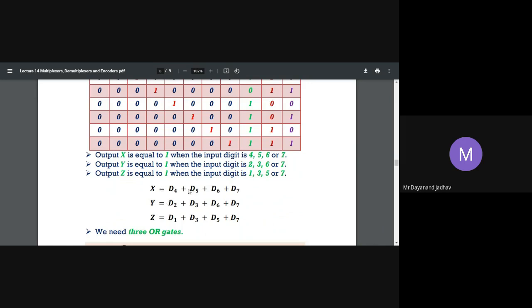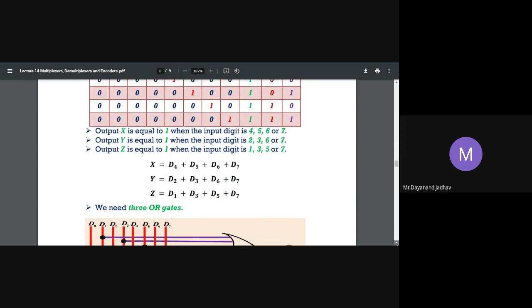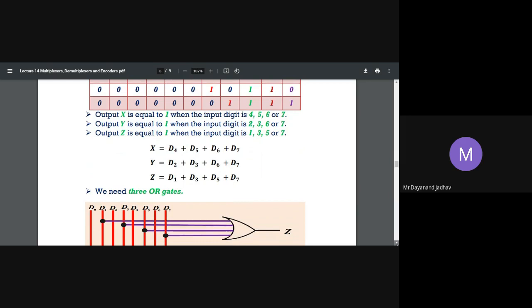X is D4 plus D5 plus D6 plus D7. Y is D2 plus D3 plus D6 plus D7. Z is D1 plus D3 plus D5 plus D7.